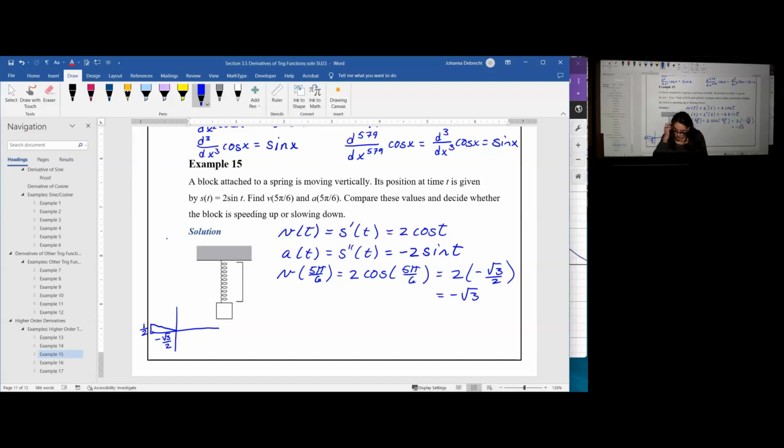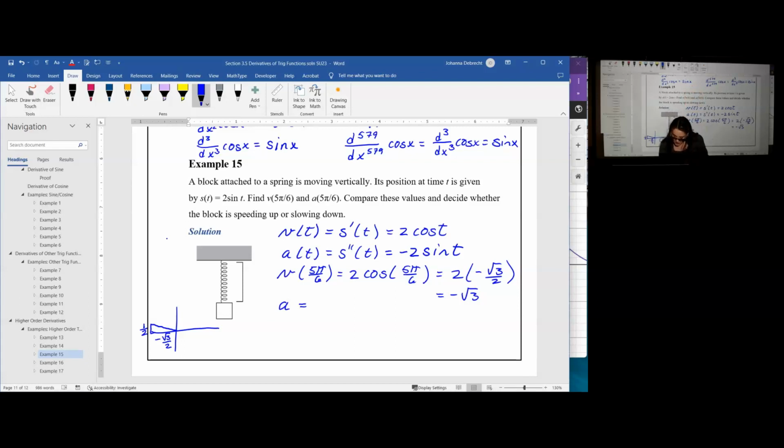Now let's take a look at the acceleration at the same point in time. The velocity is negative, which if I call up positive and down negative, means that it's moving down. I don't know whether it's above or below equilibrium, but the motion is down.